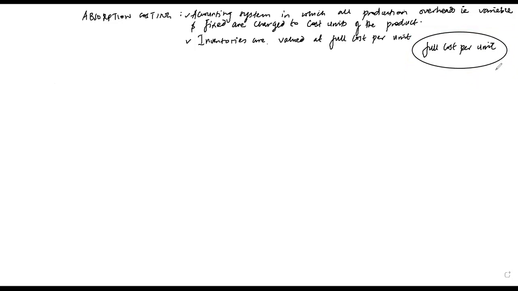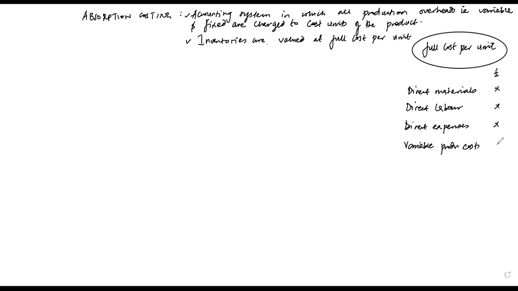So to get the full cost per unit, of course, we have to get the direct materials. We add the direct labor, direct expenses, if any. We bring our variable production costs.